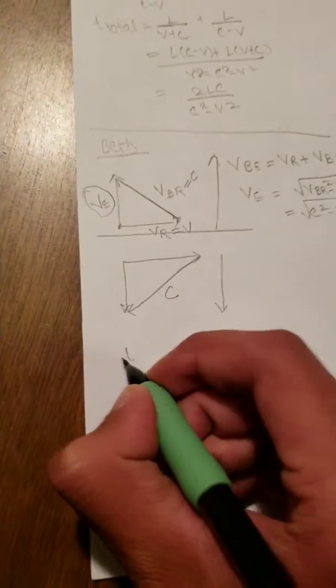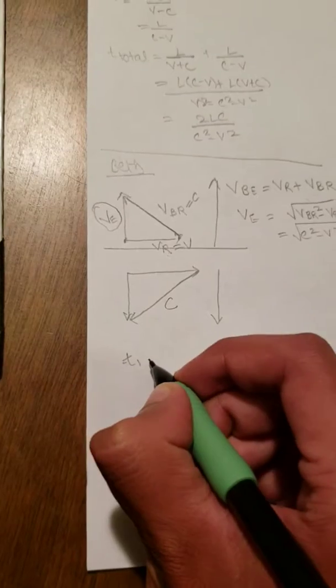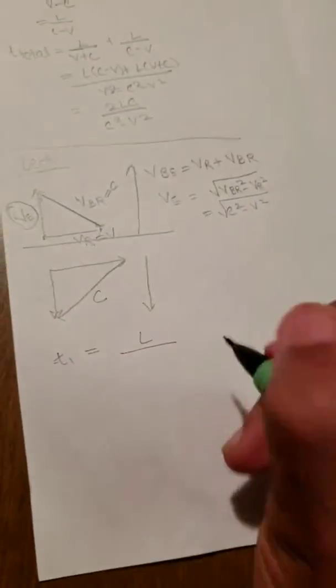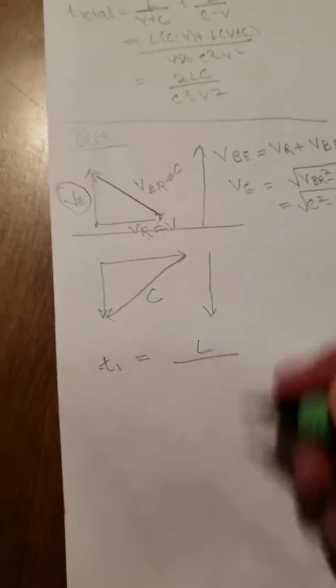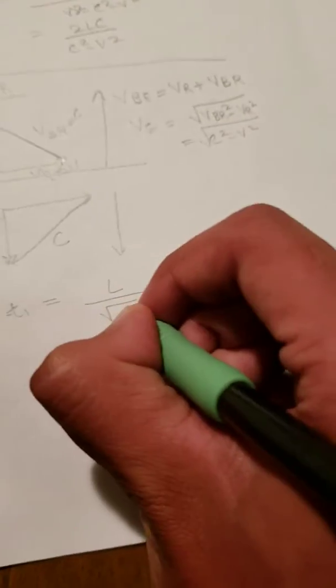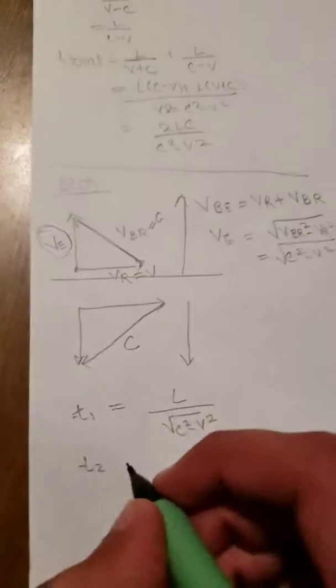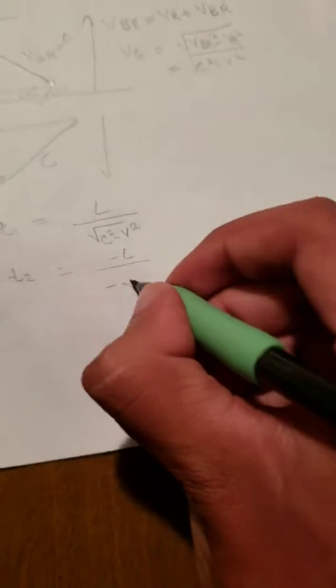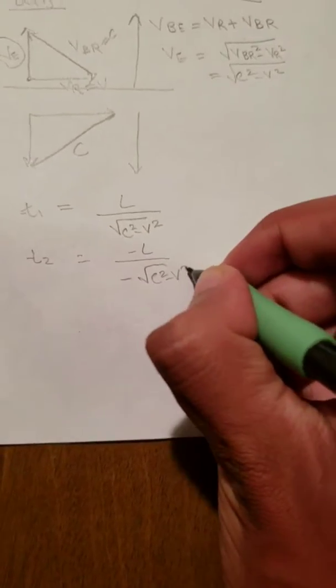Now to find the total time taken by Beth, we again use two separate cases. So T1 is equal to L divided by the velocity that she travels distance by, so the square root of c squared minus v squared. And T2 is just going to be negative L over negative square root of c squared minus v squared.